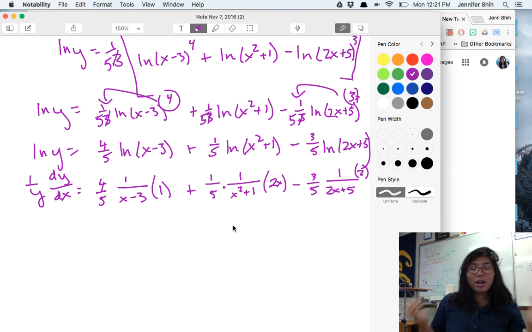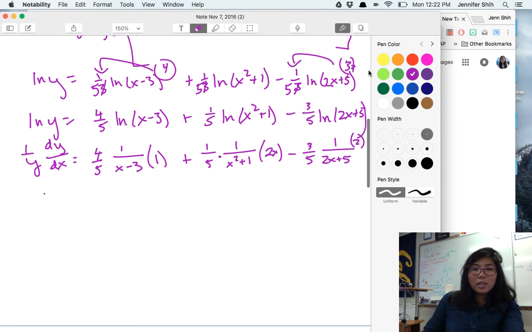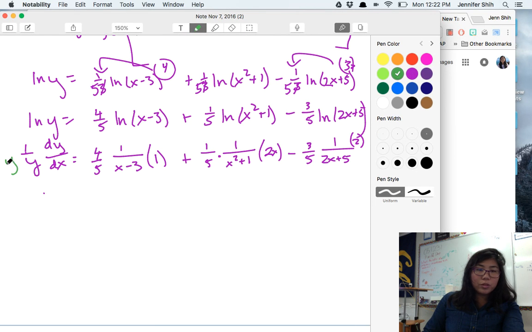So this problem practices a lot of derivative rules, implicit differentiation, and log differentiation. You can see why teachers like this problem. Let's keep simplifying. The only thing I have to do now is multiply both sides by y.